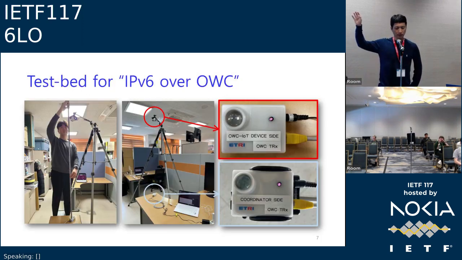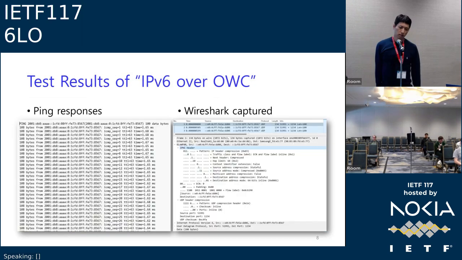And this is the testbed. The guy is one of my authors, Chami Kim, and this is the testbed: two devices, the TX and RX devices, connected with OWC, and the other connection uses the wired network. Next slide, please.